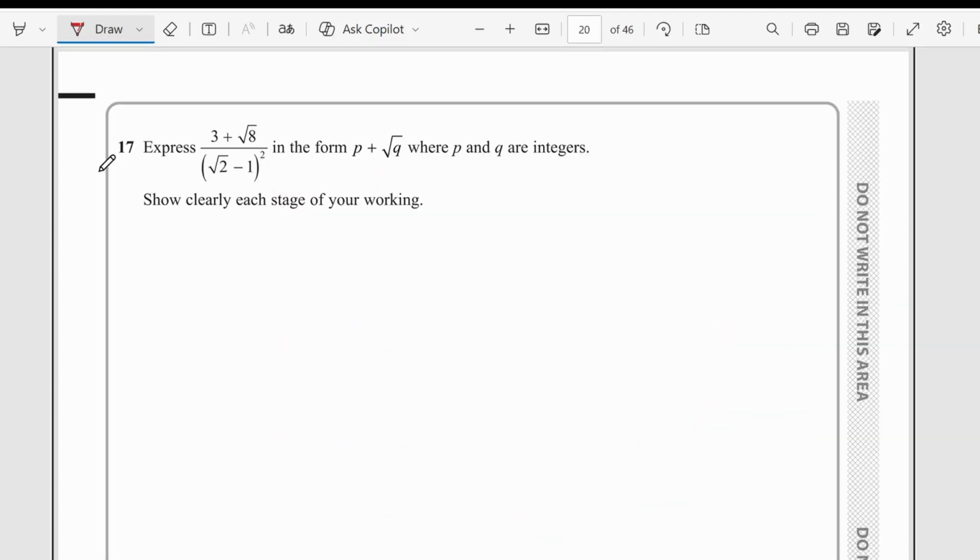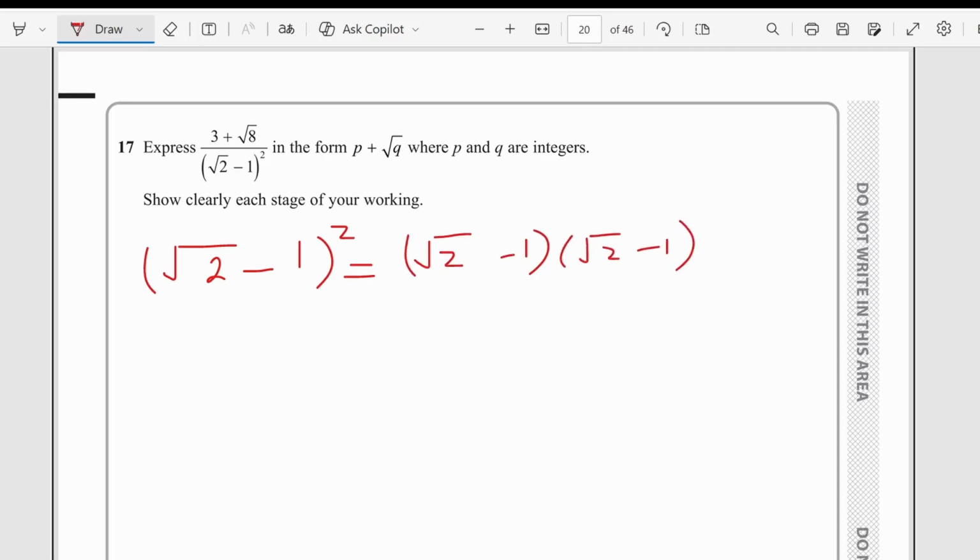Now question number 17 is express this in the form of p plus square root of q. So first of all, we are going to take this part, that is the denominator, square root of 2 minus 1 whole square. We are going to expand this part first, minus 1 times square root of 2 minus 1. If we multiply, square root of 2 times square root of 2 will become only 2.